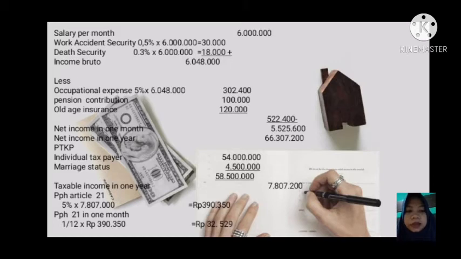After that, we will calculate the income tax article 21. 5% multiplied by 7,807,000 rupiah. We get 350, and for 1 month we multiply by 1/12 multiplied by the amount that we got before, we will get 32,529.